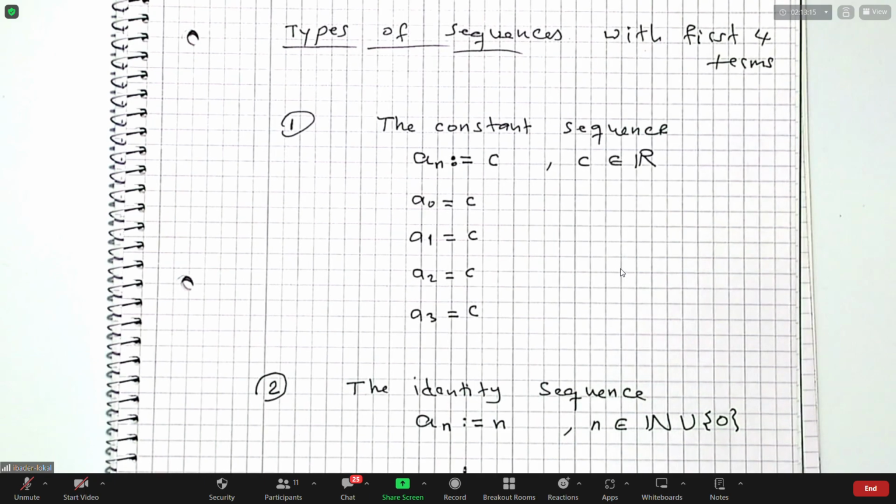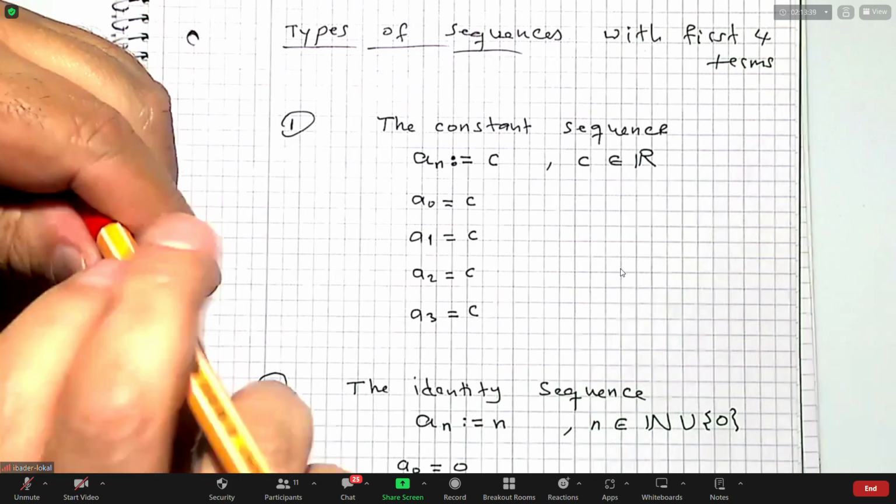So here we have the first element A0, it's just 0. A1 is 1. A2 is 2. A3 is 3. So these are the first elements. Okay. So let me show you here.